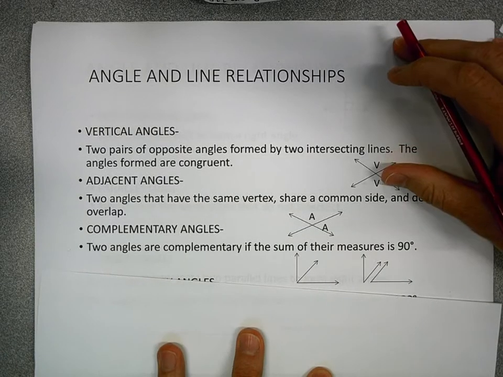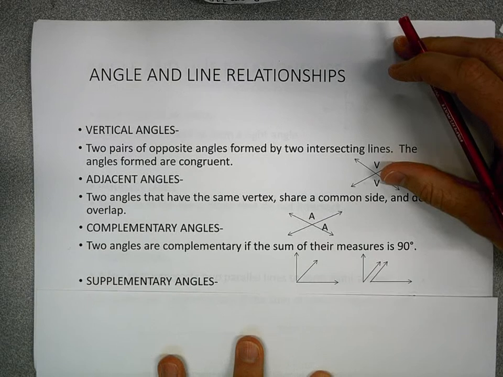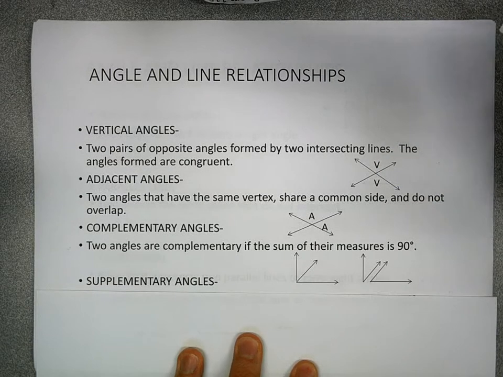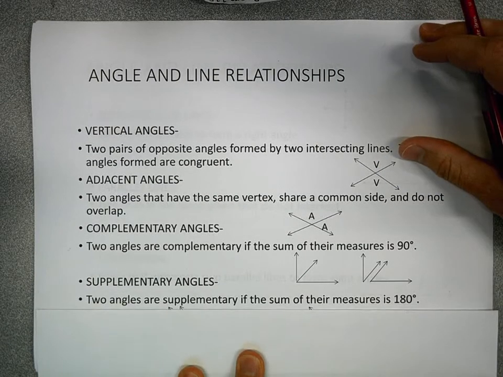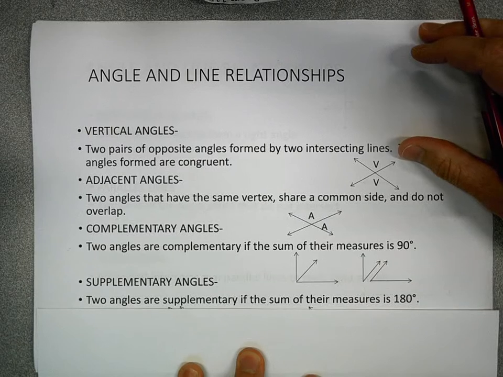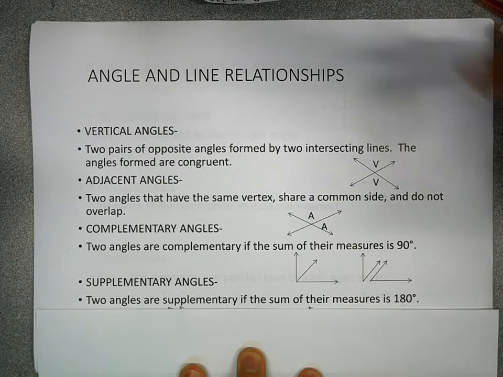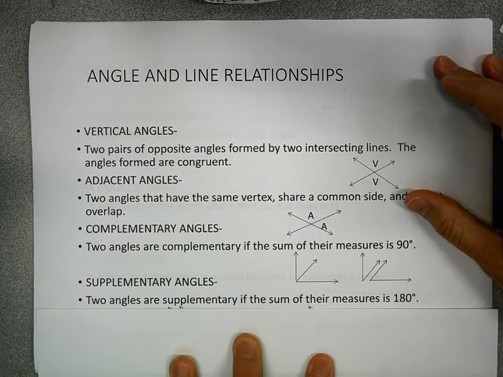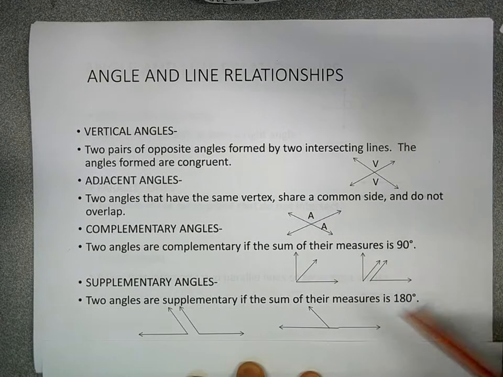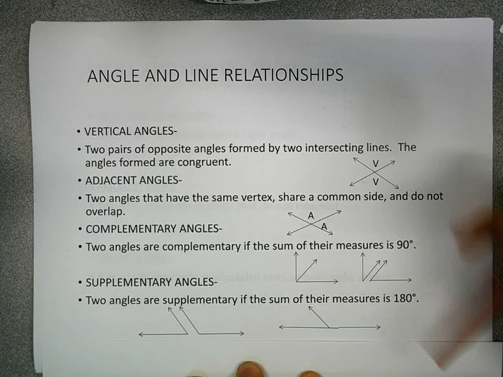All right, and then very similar to complementary angles are supplementary angles. Everyone? Okay, it says two angles are supplementary if the sum of their measures is 180 degrees. So they're very similar to complementary, but they measure 180 degrees. Here's a couple of sets here. I don't know why there's that little break there, but just pretend that's one straight line.